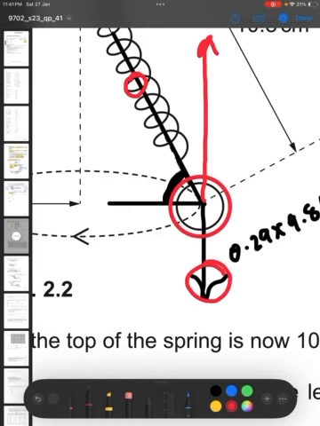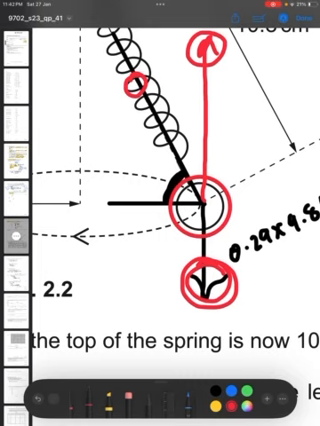So a fraction, a component of the tension, is vertically upwards and equal to the weight, meaning that the tension is now bigger than the weight.